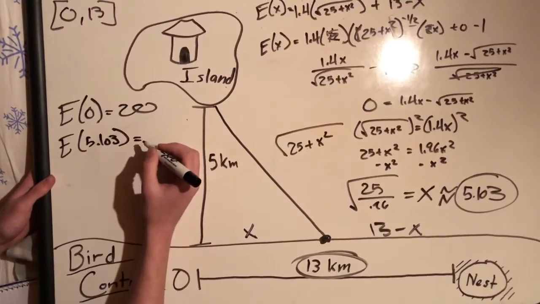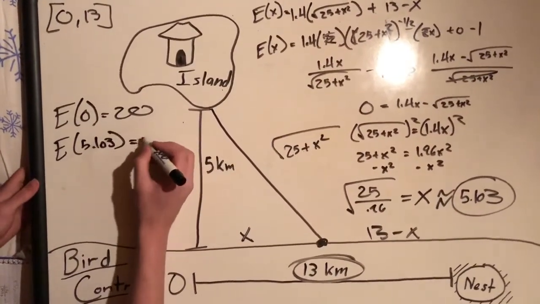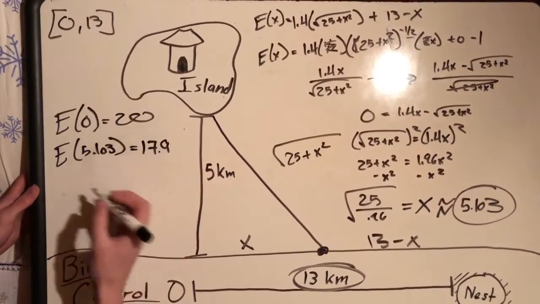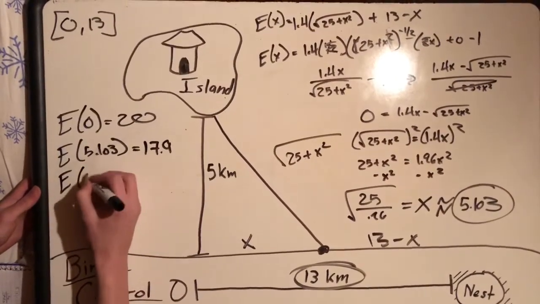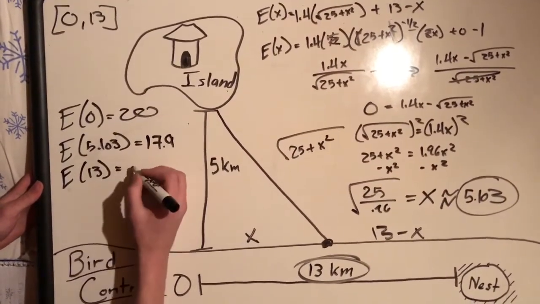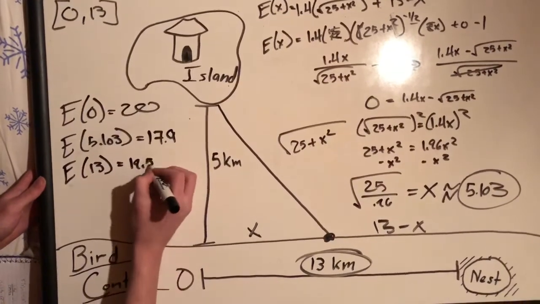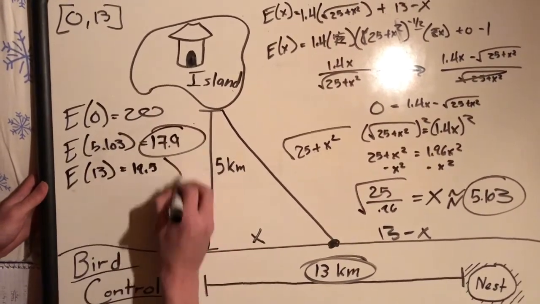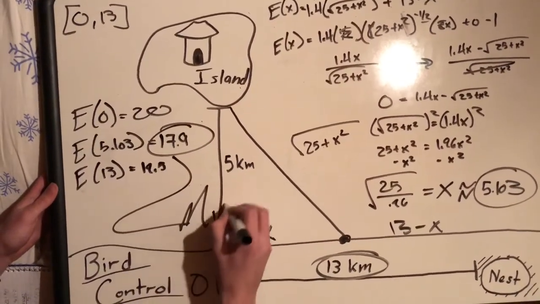And that comes out to 17.9. And then the last one, which is 13, our other endpoint, is 19.5. So this is the smallest one, which makes it the minimum.